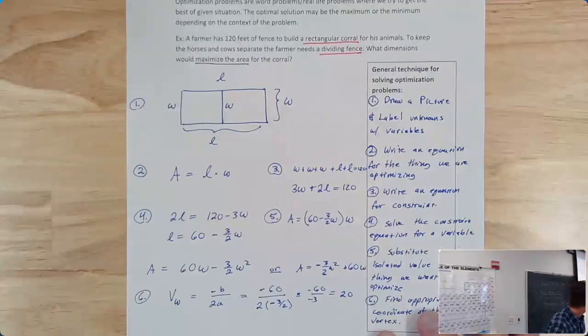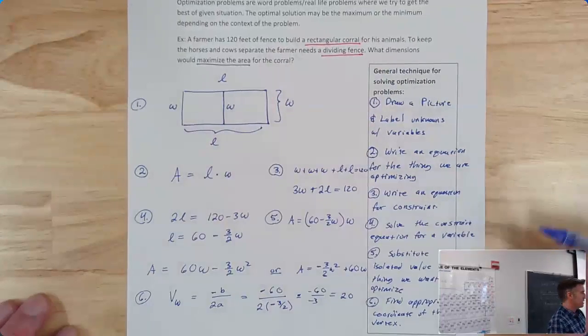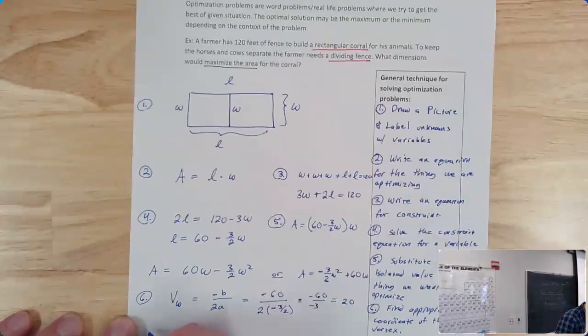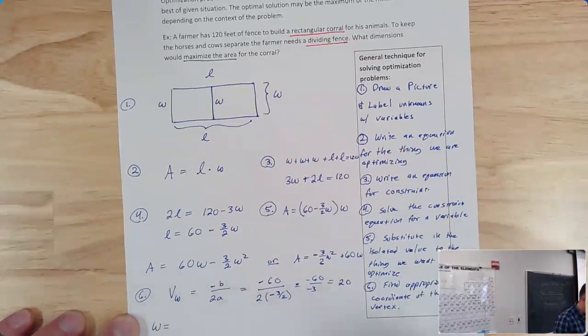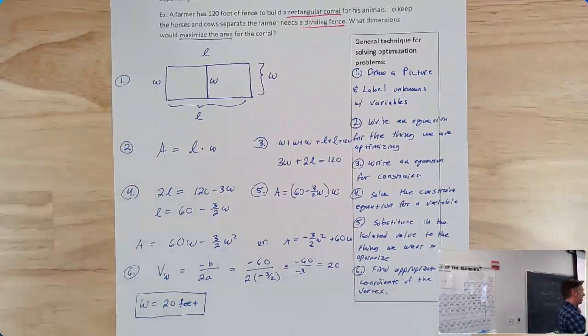In this question, we've been asked to find what dimensions would maximize the area. So I found W: the width is going to be 20 feet. What else do I still need to find? Right, the length. Do I need to find the area? No, I don't. I could find the area, and it's totally fine to, but I don't actually have to.